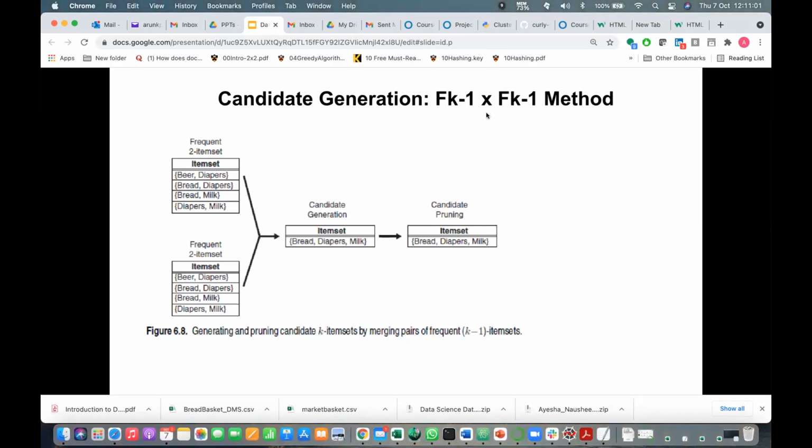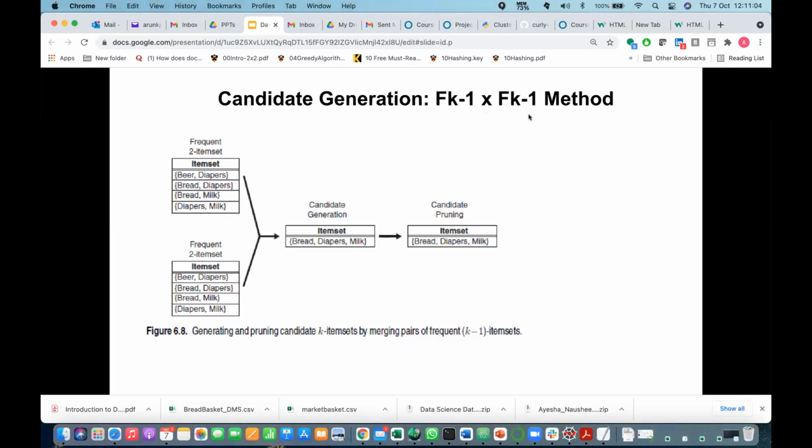How much will it give when you add Fk minus 1 with Fk minus 1? A k minus 1 item set added with another k minus 1 item set.